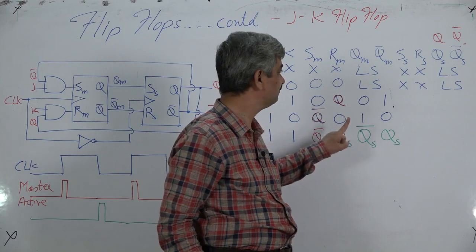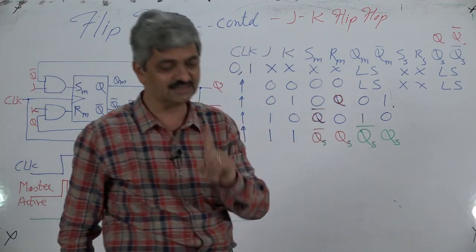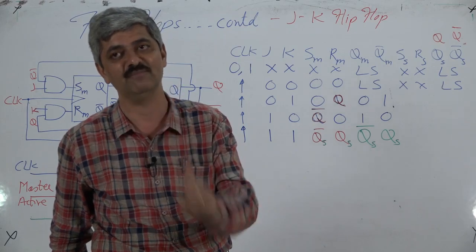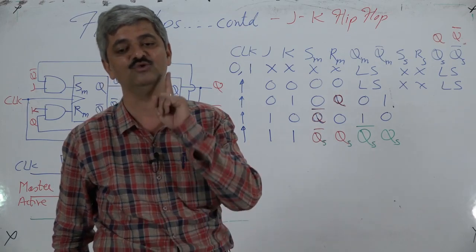So the master's outputs are the slave's outputs complemented, and that happens only once.